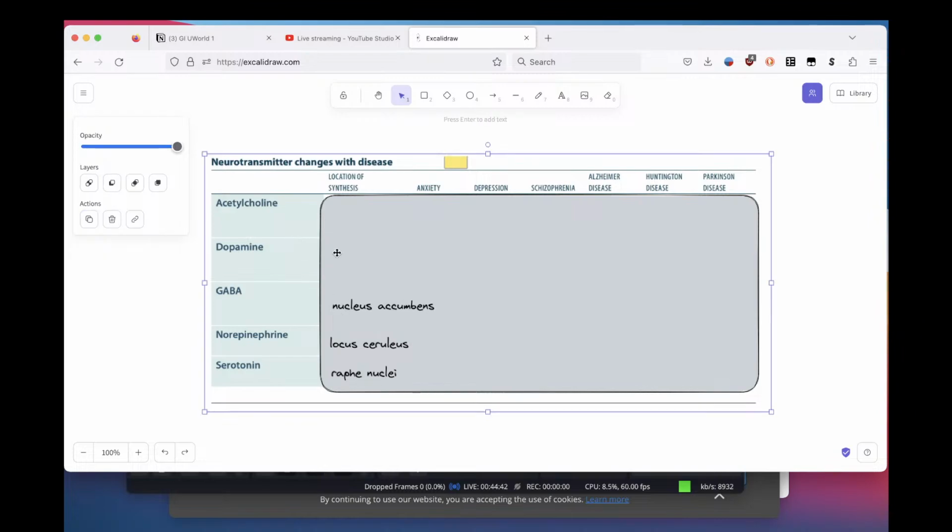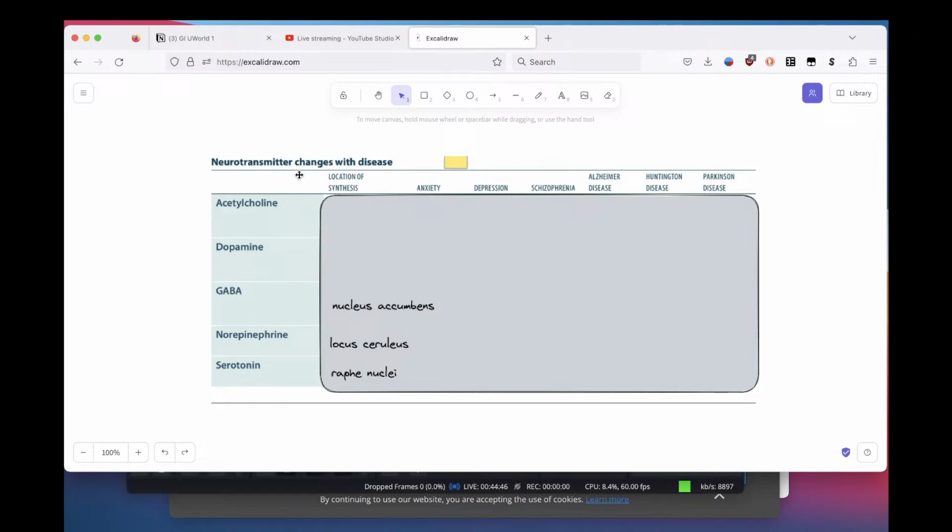And dopamine is in the substantia nigra pars compacta, in the basal ganglia. Okay. And acetylcholine, I have no idea. I forget.